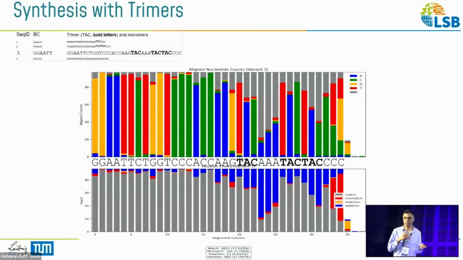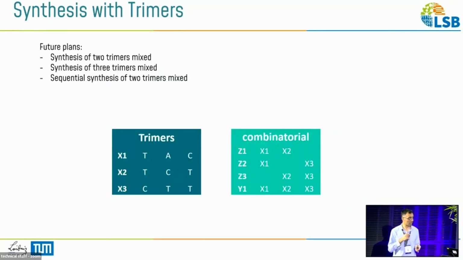But this is only the basis until we can use the mixture, as a proof of concept for using the combinatorial letters. The other thing that I really wanted to bring as a result here, but unfortunately we couldn't get the result yet from the sequencing, is that in the experiment that we've done, this time we used 3 different trimers, TAC, TCT, and CTT, at the same time.